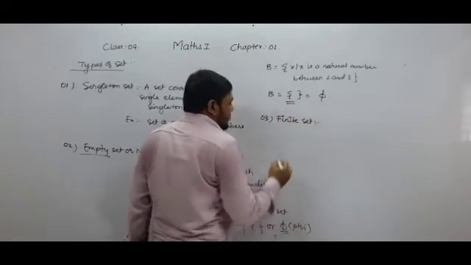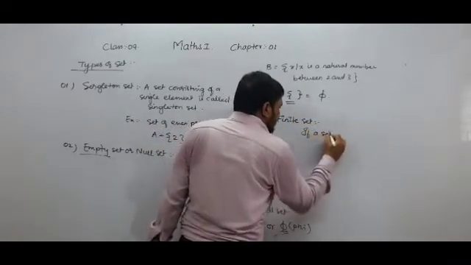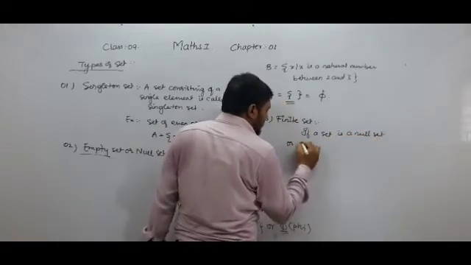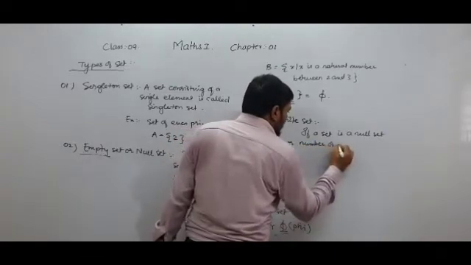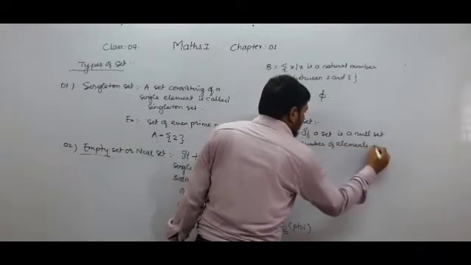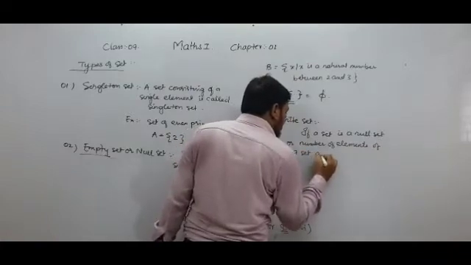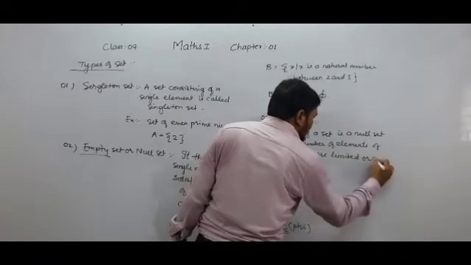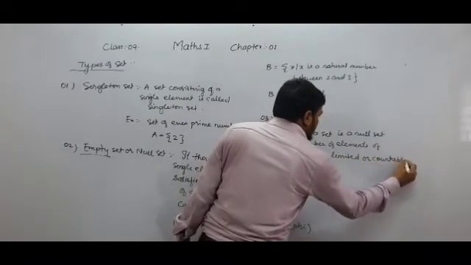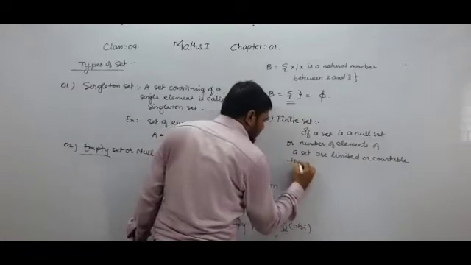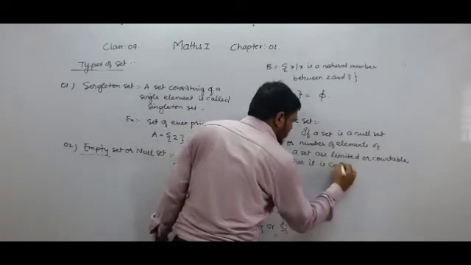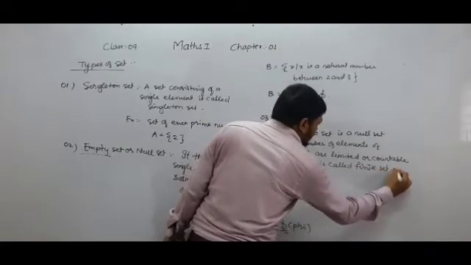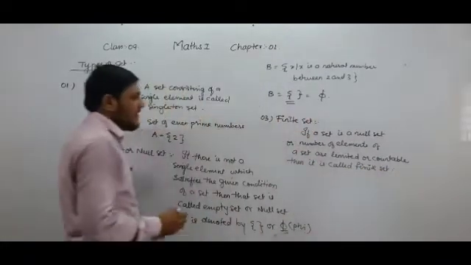If a set is a null set or the number of elements of a set is limited or countable, then it is called a finite set.